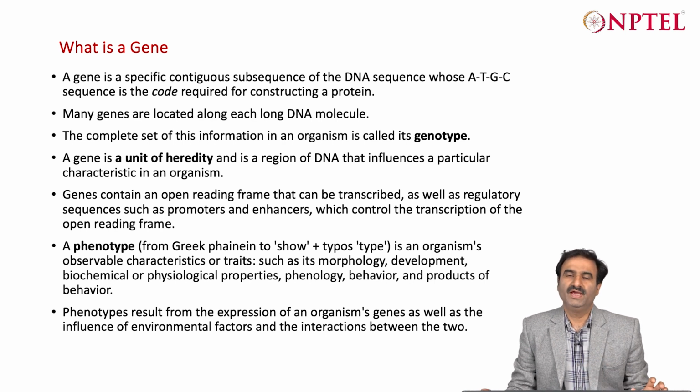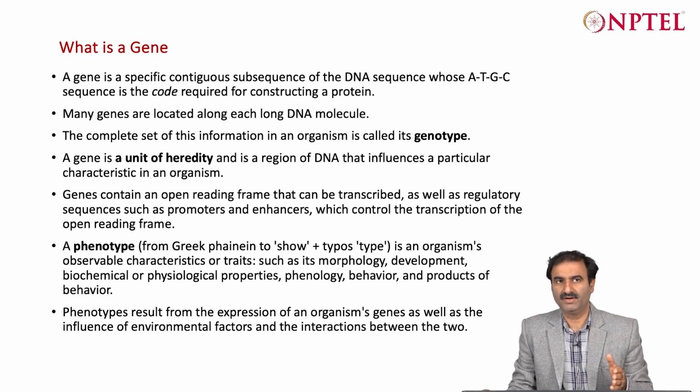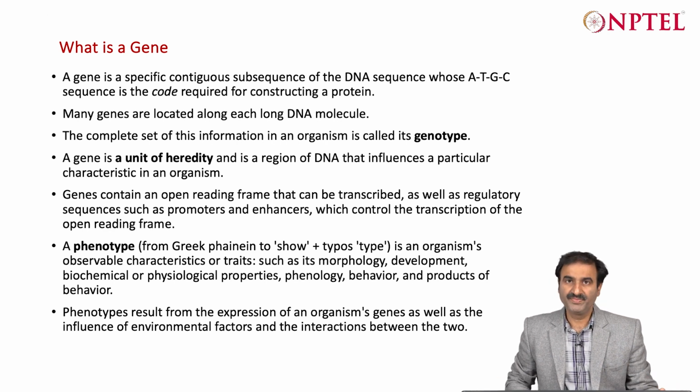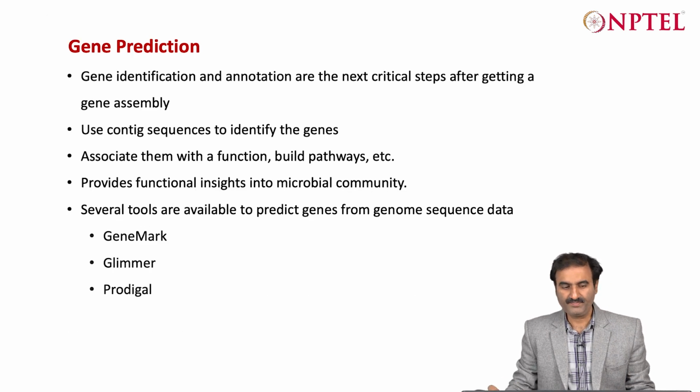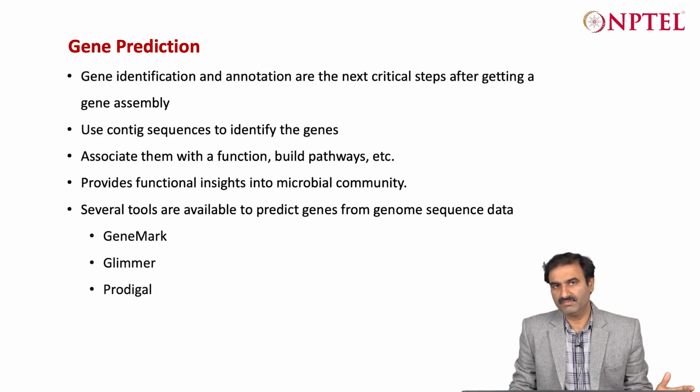I assume that you all have done your molecular biology and genetics courses, so you know the structure of a gene or have some idea about it. Based on that biological or theoretical knowledge that we have got in the books, we can translate that into programs which can be used to predict genes and also later for annotation.